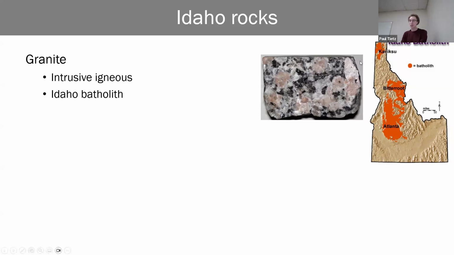There are 3 main occurrences of this Idaho batholith: Kaniksu, Bitterroot, and the Atlanta lobe. And it gives us a lot of granite parent materials in the state, and a lot of the desirable economic minerals.